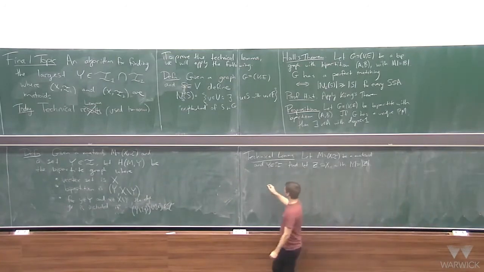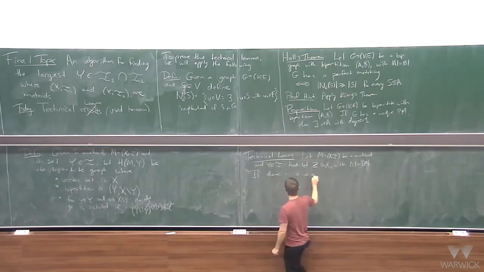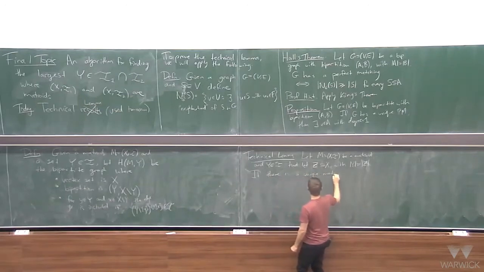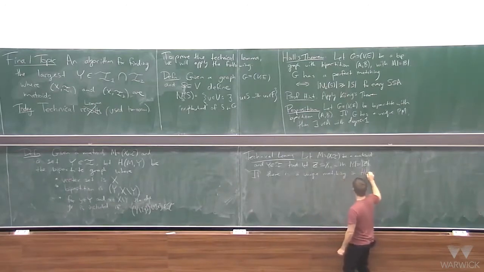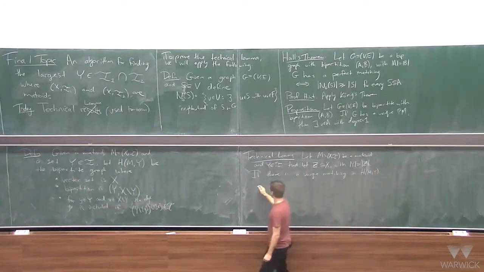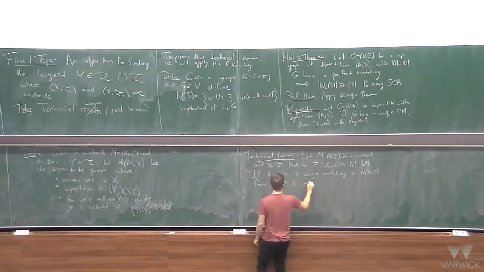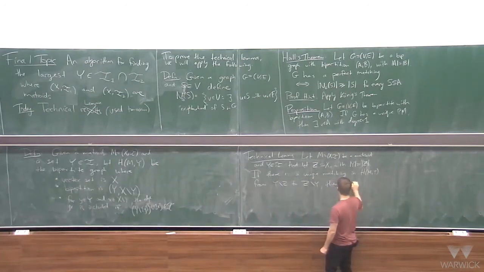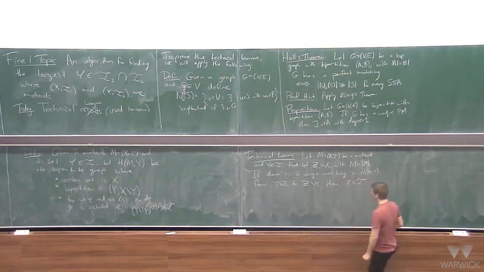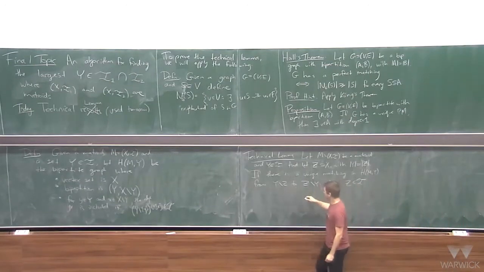So the statement says that if there is a unique matching in H_M(Y) from Y minus Z to Z minus Y, then Z is also independent.